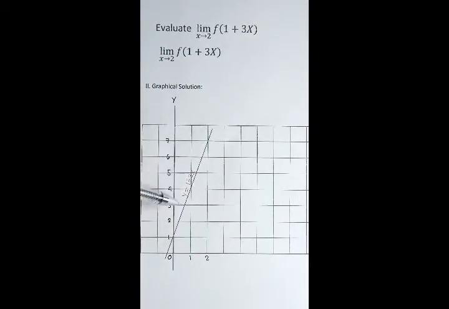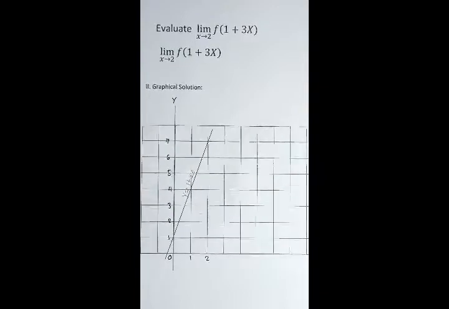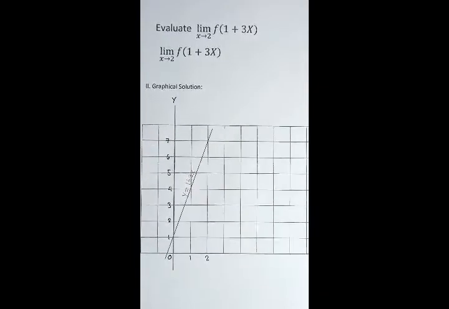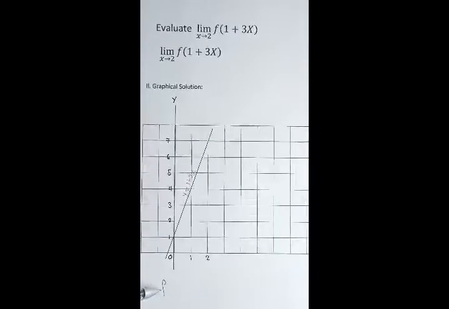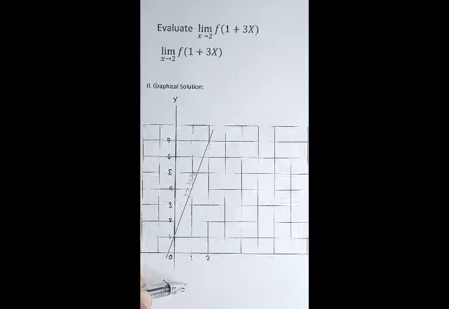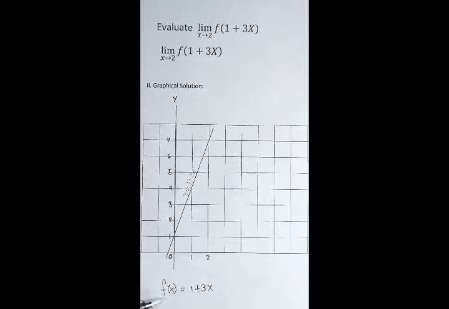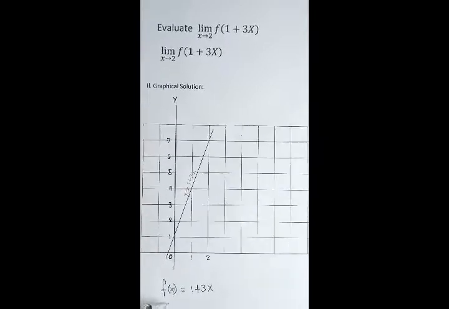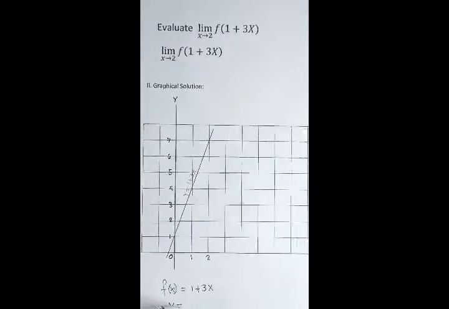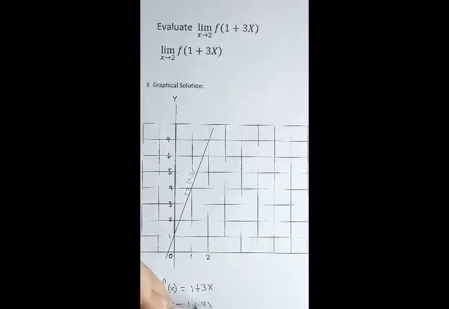So our function f(x) equals 1 plus 3x can be rewritten as y equals 1 plus 3x.